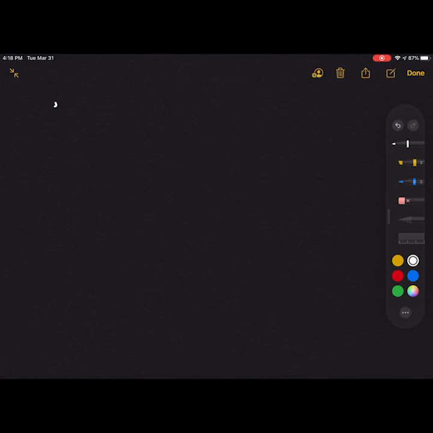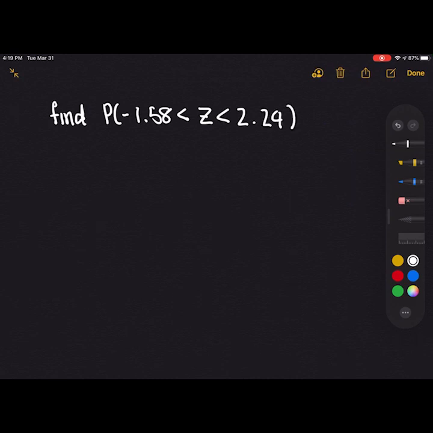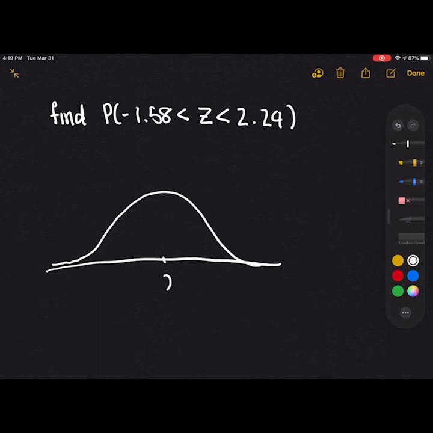So we're going to say, find the probability of negative 1.58 is less than z and z is less than 2.24. Okay, so in all of these problems, like we mentioned, we draw out the normal curve. The center is going to be 0, the endpoints are going to be negative 3 and 3.